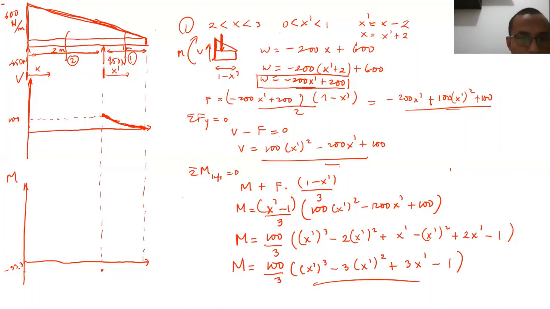So most likely the graph is supposed to be like this. Yeah, getting closer to 0, like that. At this point, at the end, it's supposed to be 0.